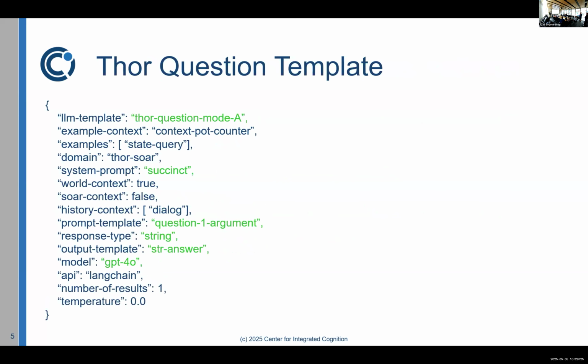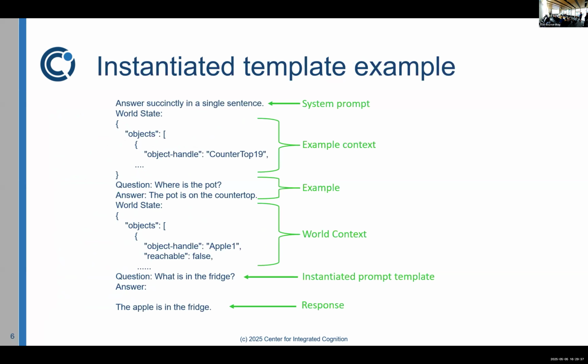And so a specific example here is for Soar, there's a question mode where you're basically directly asking the Soar agent questions and just trying to get directly a string response. And you'll see an example of this. So just to see that instantiated, it uses that configuration to send a prompt to the language model that includes a system prompt. This is the succinct one.